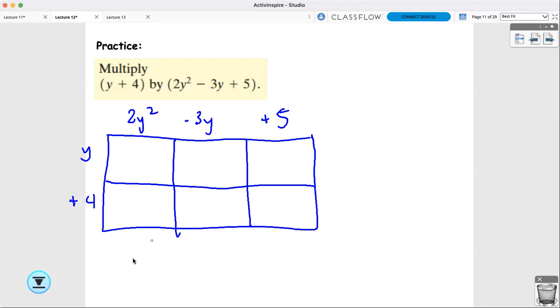So for the final answer, we got 2y cubed plus 5y squared minus 7y plus 20. If you got 2y cubed plus 5y squared minus 7y plus 20, you are correct, guys.